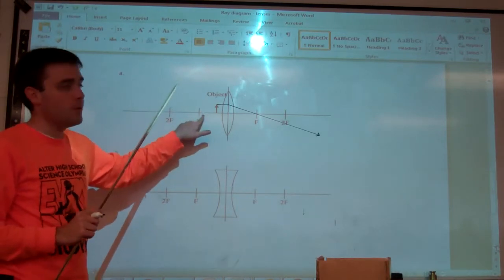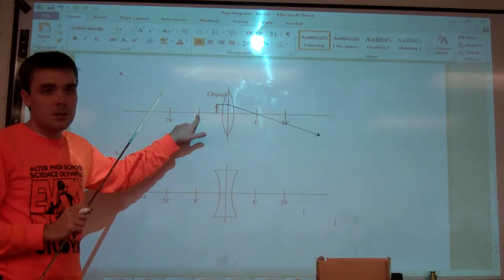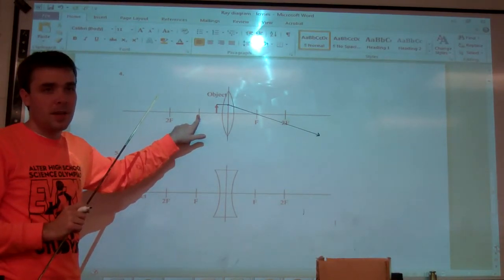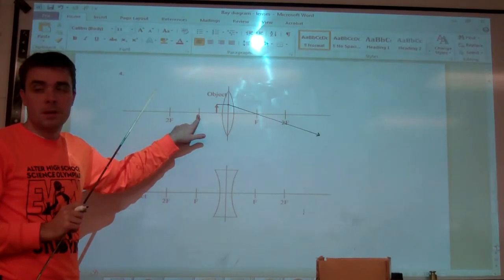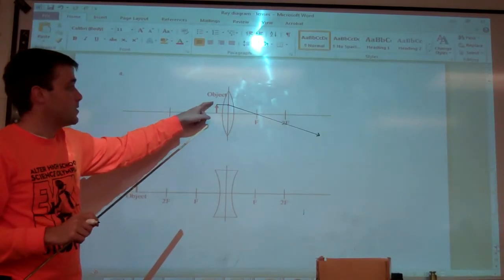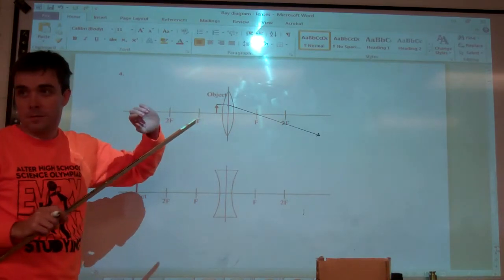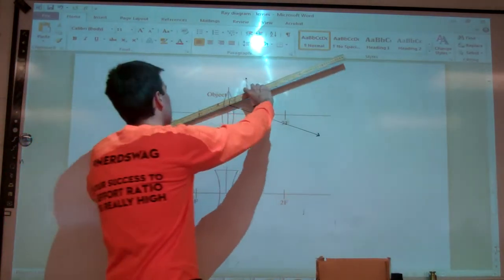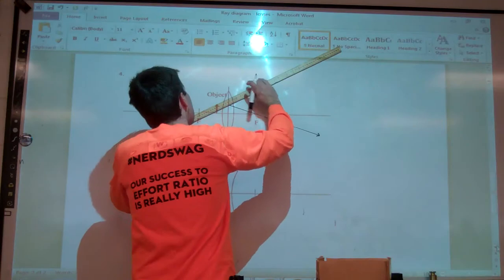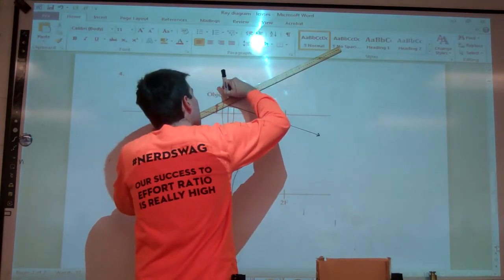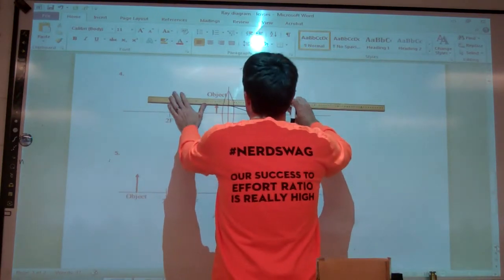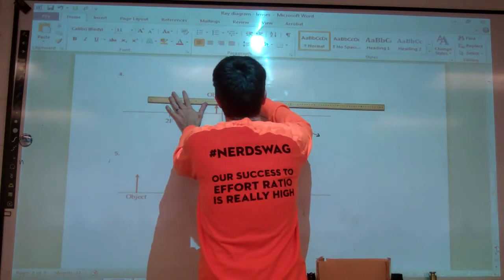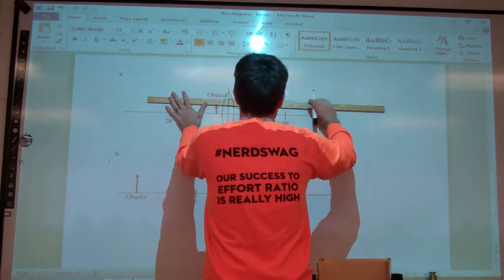We can't go through this other focal point, can we? So we go like it's coming from that focal point, and then horizontal.